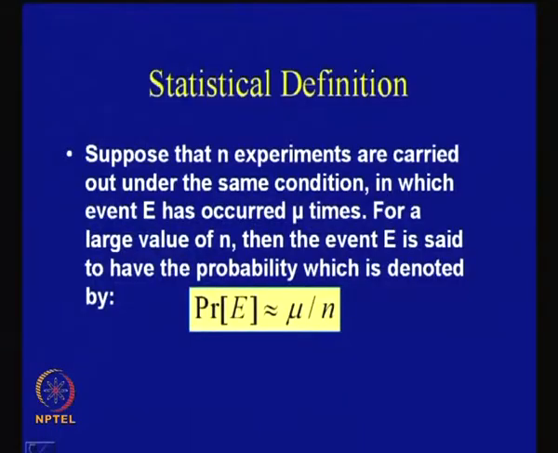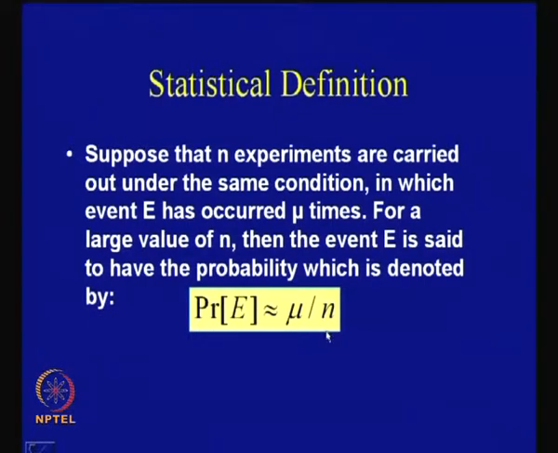So suppose there are n experiments carried out under the same conditions in which the event E has occurred mu times. For a large value of n, and this is important, that is, if I repeat the experiment a large number of times, then the probability of the event E is denoted as probability of E approximately equal to mu by n.